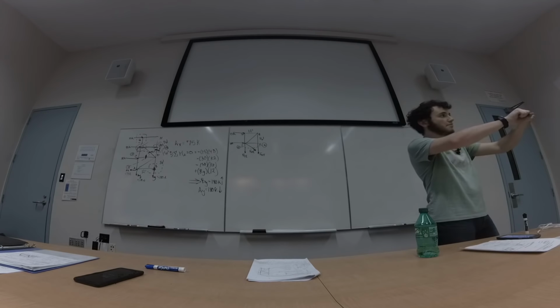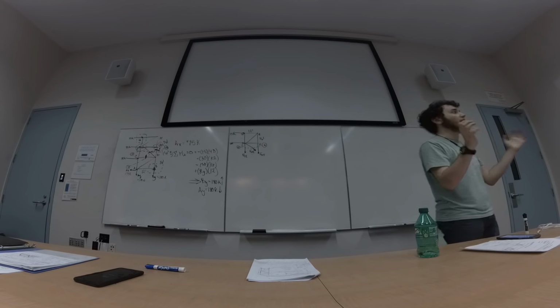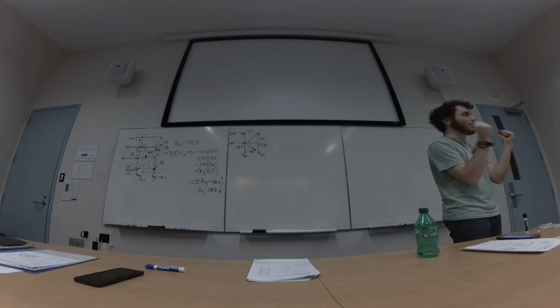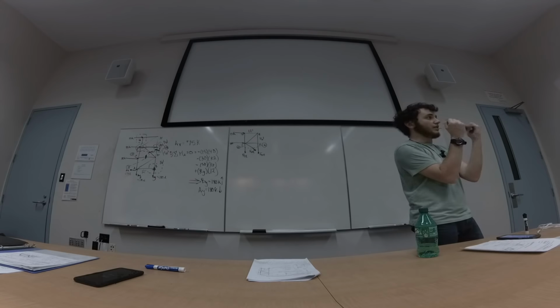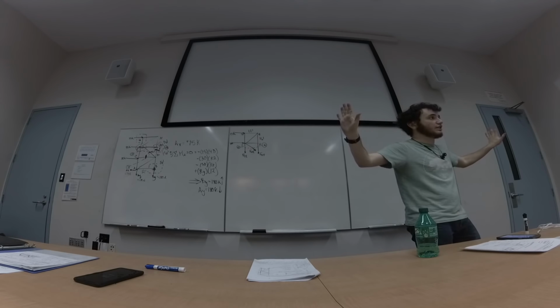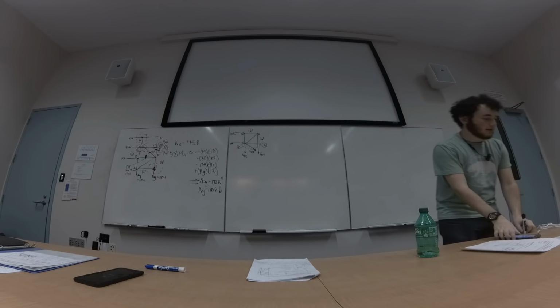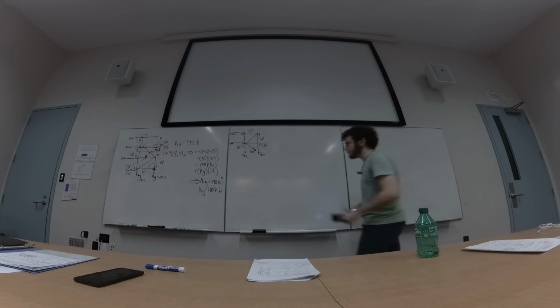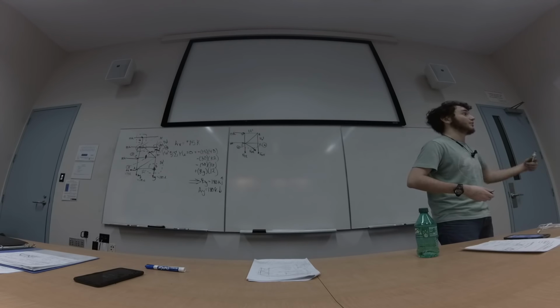So if we're pulling the member apart, the member is going to say, no, I want to stay together. The member is going to pull in. So if it's in tension, member forces are going inwards. If it's in compression, the member forces are going to say, no, don't push me, and they're going to push outwards. Right, exactly. So that's something I didn't understand until last semester when I was doing the reviews.